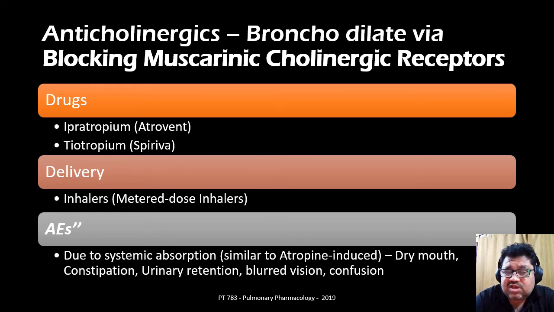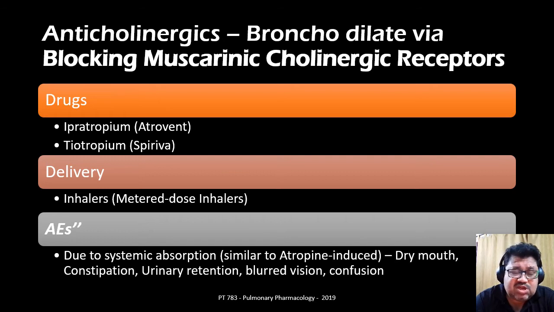These drugs, the best ones known in the market, are ipratropium bromide or Atrovent and tiotropium bromide, which is called Spiriva. These are delivered as inhalers and they are metered dose inhalers.